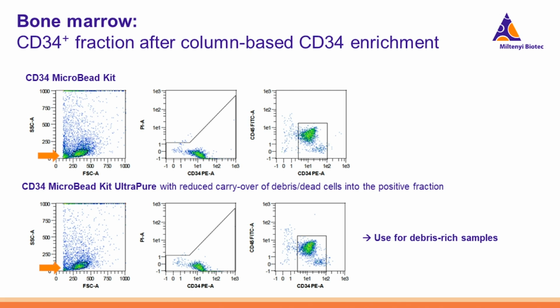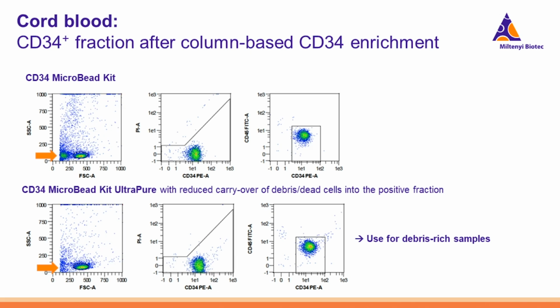Due to this higher starting frequency, debris carryover is in general less of a problem with bone marrow, and the difference between our classic and the UltraPure kit is less pronounced. However, the data demonstrate that you can expect the same results as you have seen from the PBMC sample. Again, the CD34 microbead kit UltraPure avoids debris carryover and results in a cleaner cell population after separation.